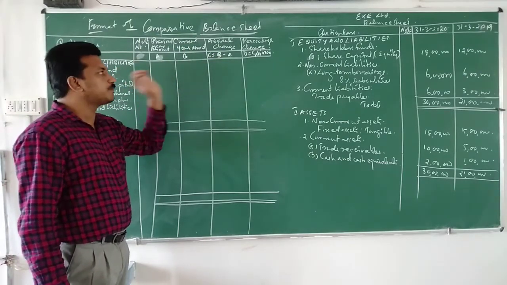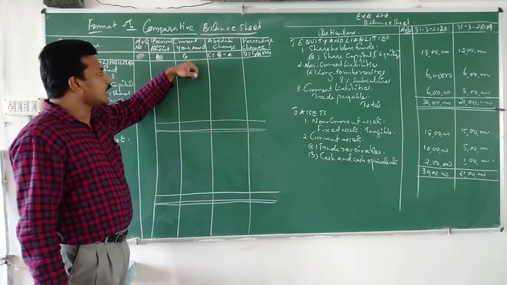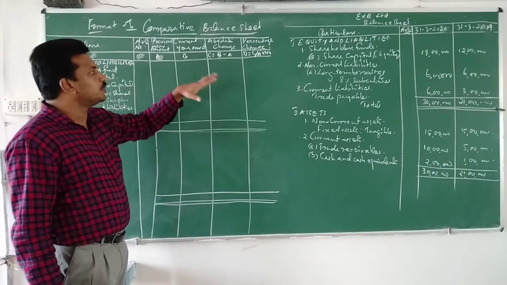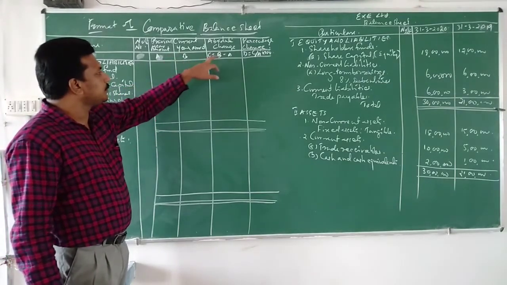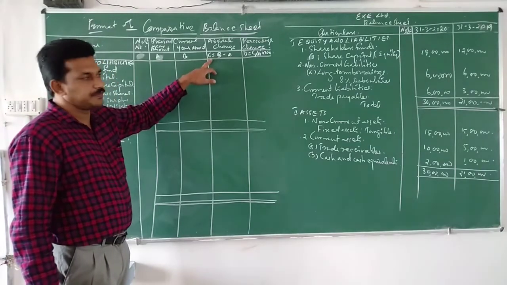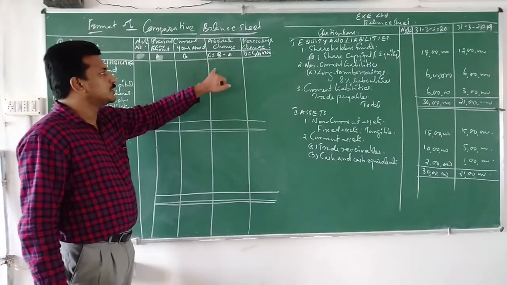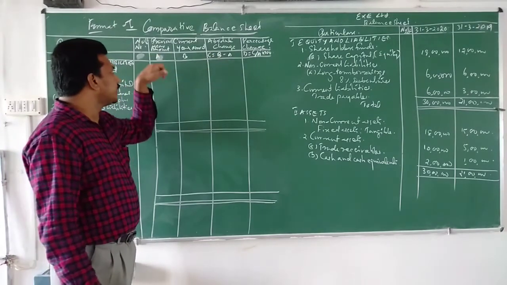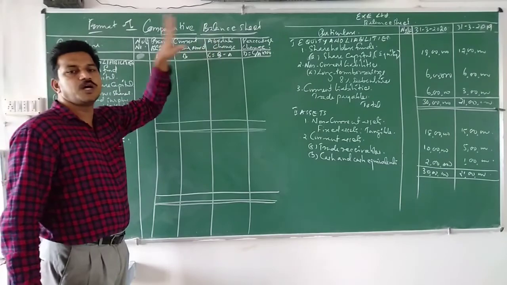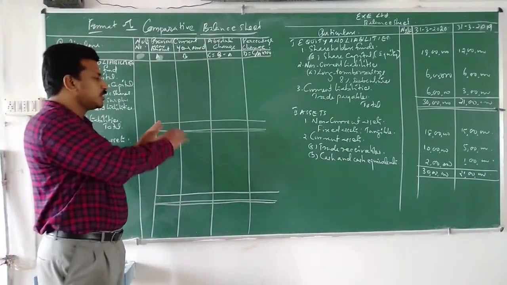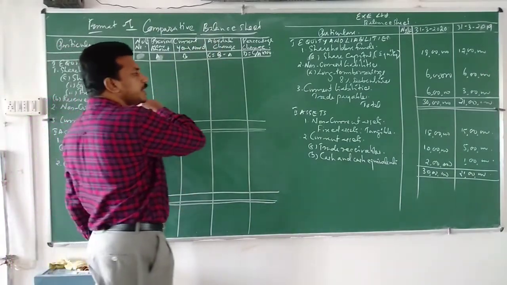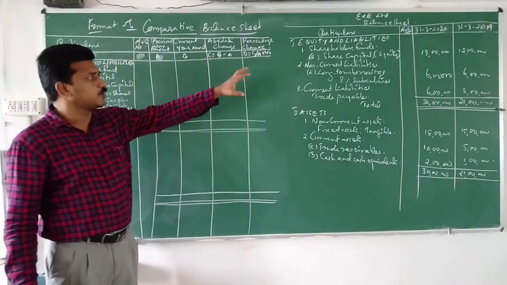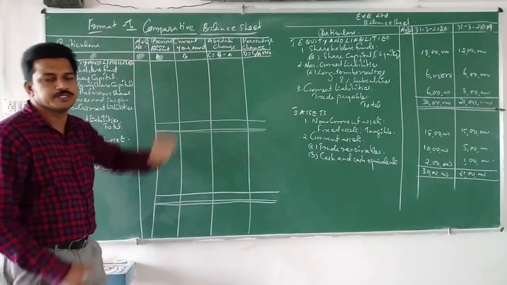In order to find the absolute change, the current year will be compared with the previous year, so B minus A is equal to C. And percentage change: what we have got in C will be compared with the base year, that is the previous year, into 100. That will be the percentage. So all the columns will be horizontally compared to find the percentage. That is what we are going to do here.